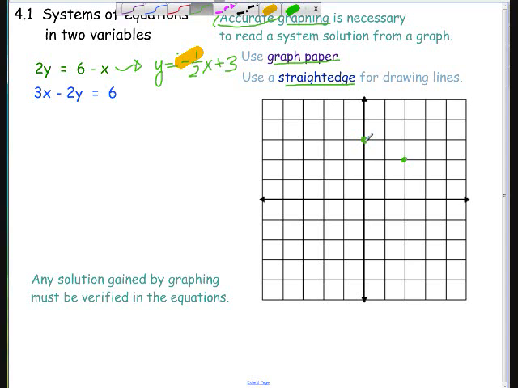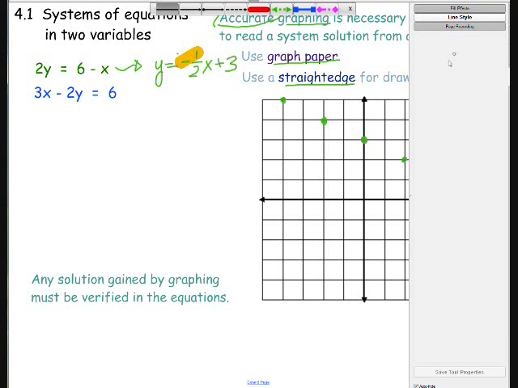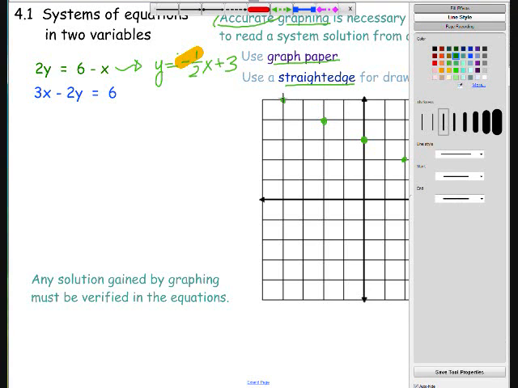Now once I've done that, it's pretty easy for me to see the other way I could go. So I can mark all these points, and then I have the equivalent of a straight edge here because I can call for a line, which maybe I should control the color of, just so it's easy to follow my work here.